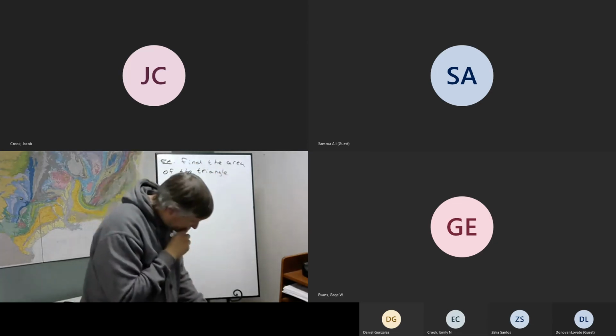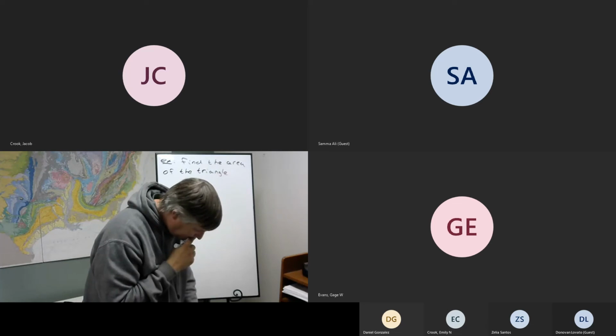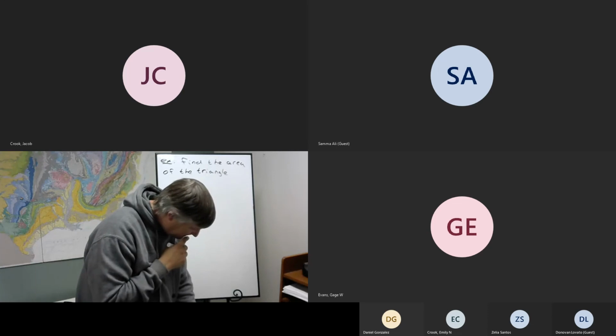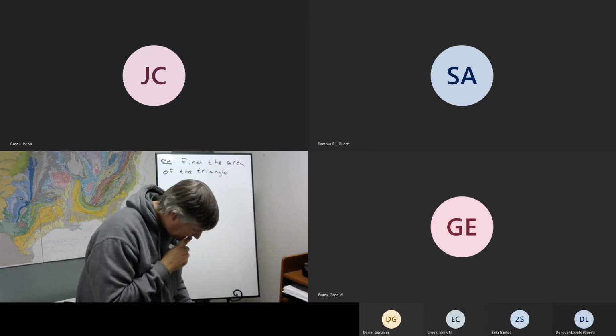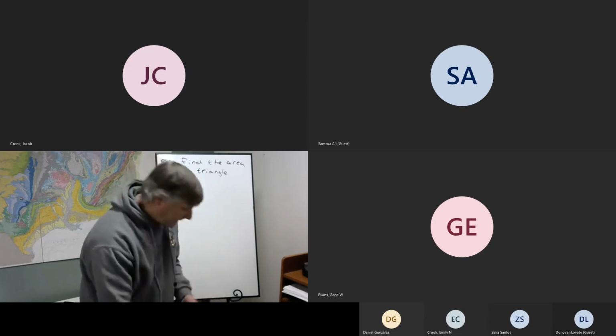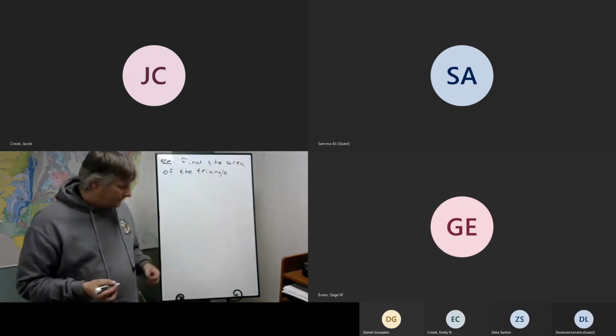Let's see, let me find a triangle here that's going to work. I'll use the example text. It's readily available. I don't want to try to make up a triangle that's not real.